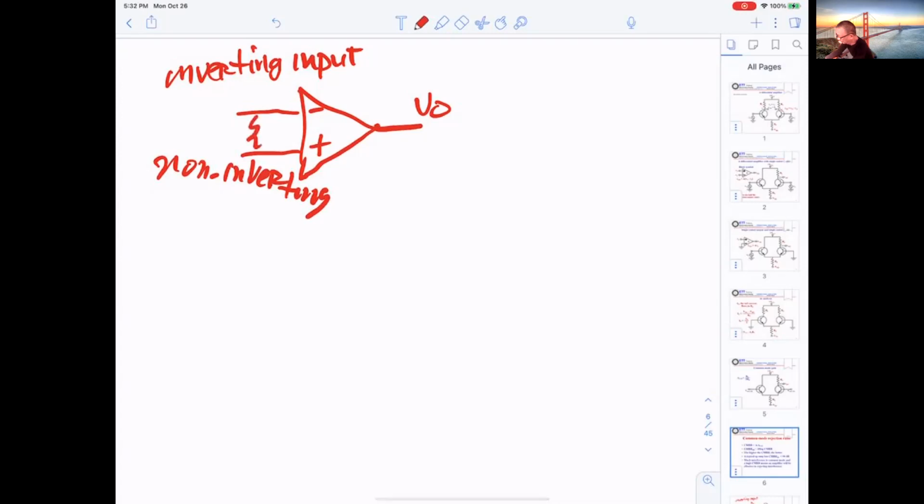The input between positive and negative we call VD. So the definition: VD equals V at positive minus V at negative.